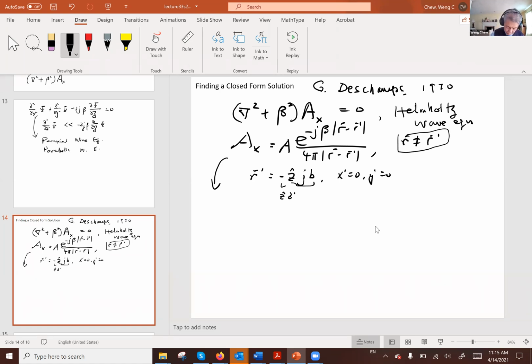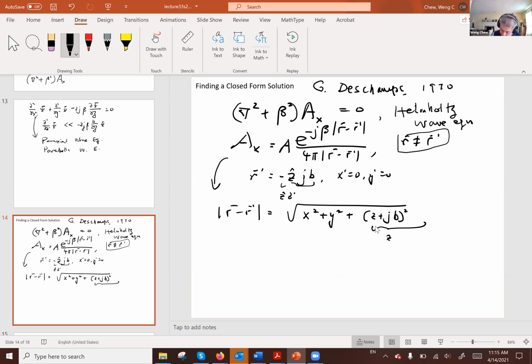Take this expression, assume that r minus r prime, which can be written as x squared plus y squared plus z minus z prime squared, which would be z plus jb squared. If you work this out, this term is actually z minus z prime squared. That's what r minus r prime squared means. Then you're going to make a paraxial approximation, assuming that x and y are small, but z is going to be large. z is going to be much, much larger than x.